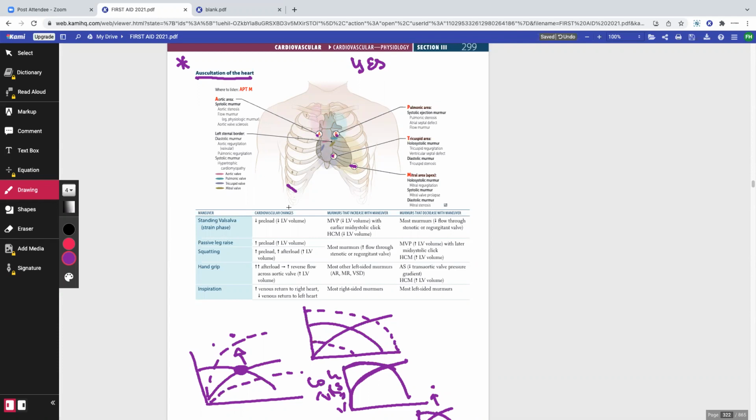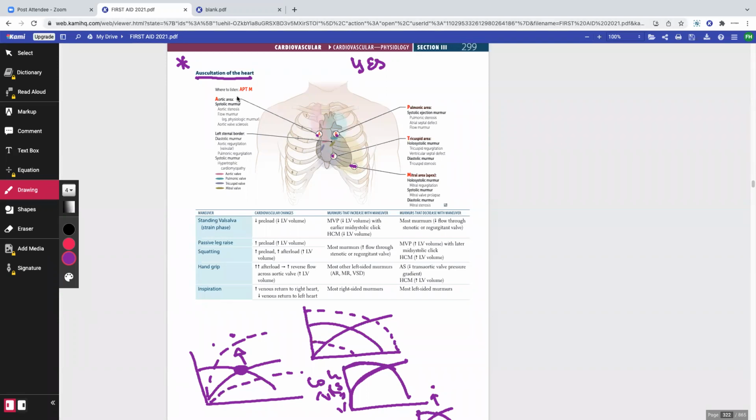So you should know this 100%, but for the exam, the areas are going to be designated. All you have to do is take the stethoscope with your mouse and place it in the respective area each time to hear the different sounds. Okay, so having said this, let's begin.